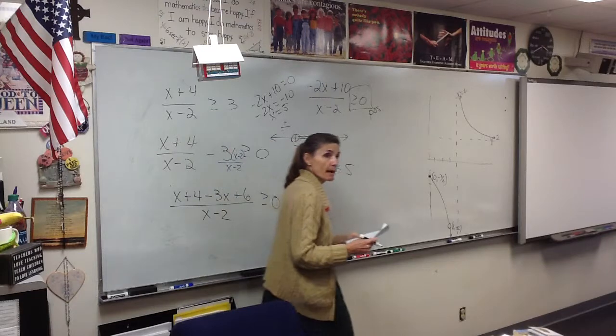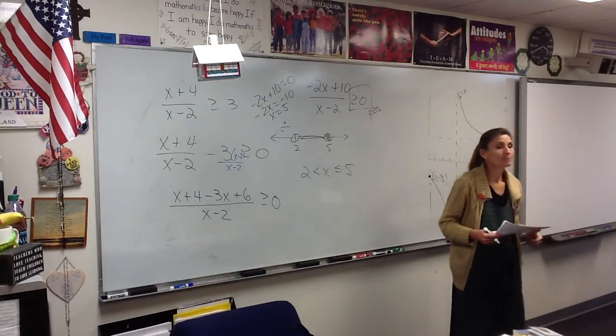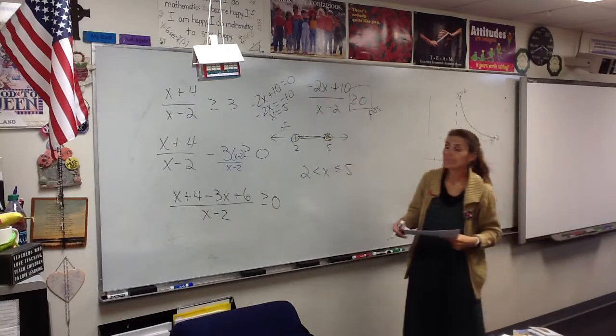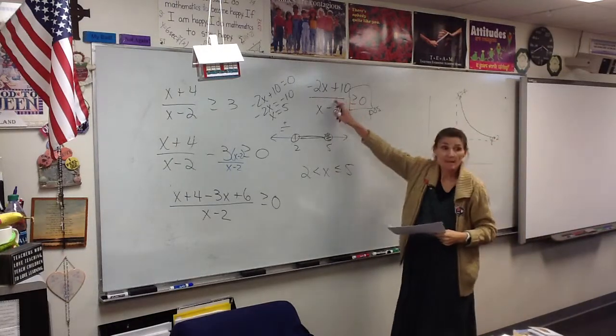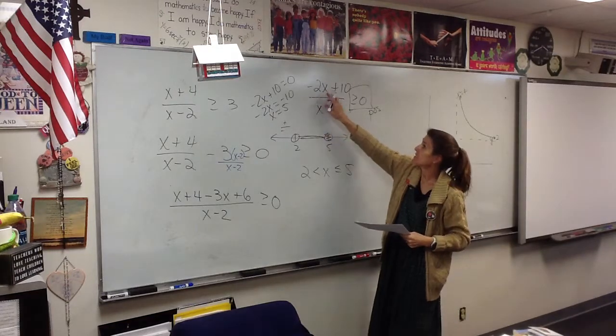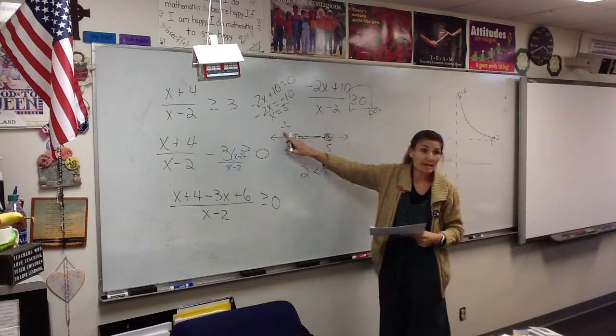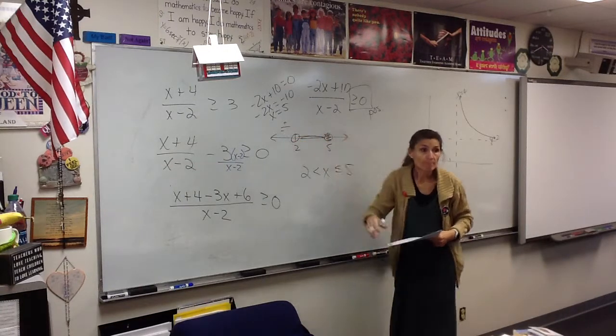That's right. When you plug the numbers back in, you just use negative 2x plus 10 and x minus 2. You just forget about the 5. So when I plugged in 0, the top turned out to be positive 10, and the bottom turned out to be negative 2.